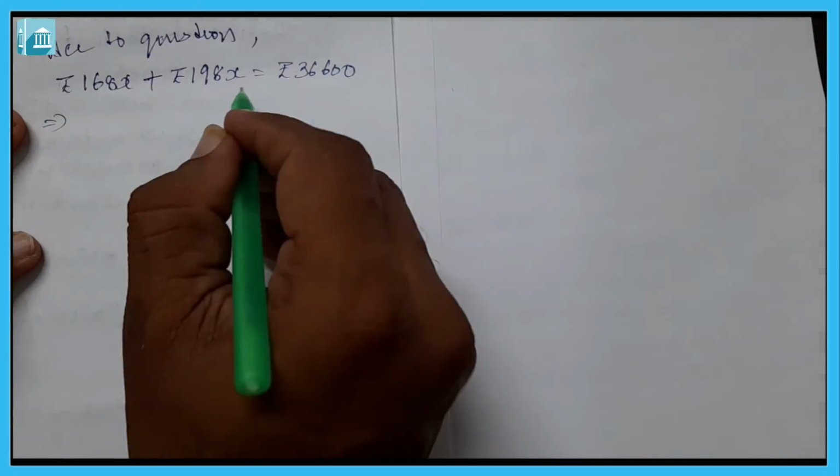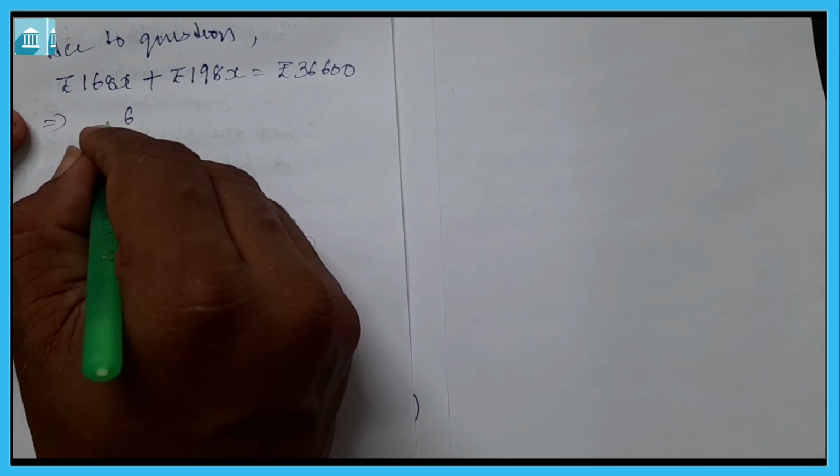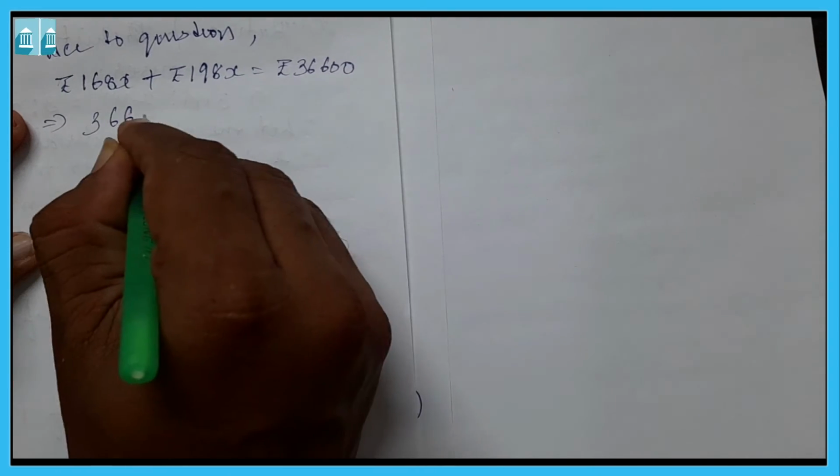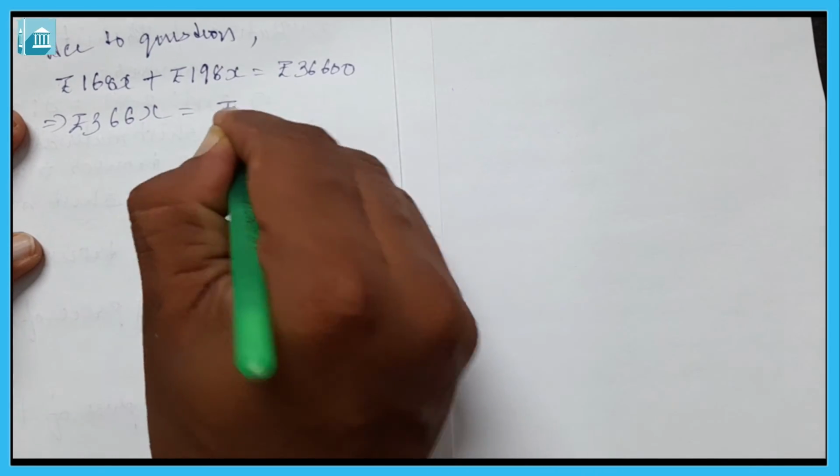We add 168 and 198, and it gives 366, so 366x is equal to rupees 36,600.